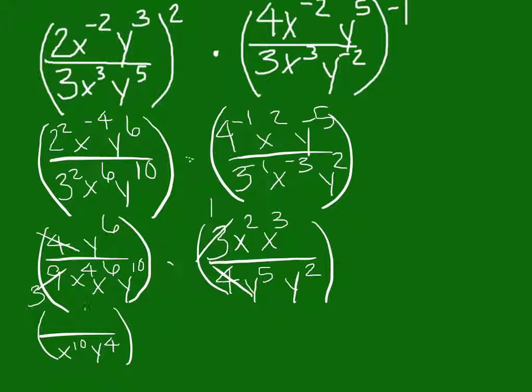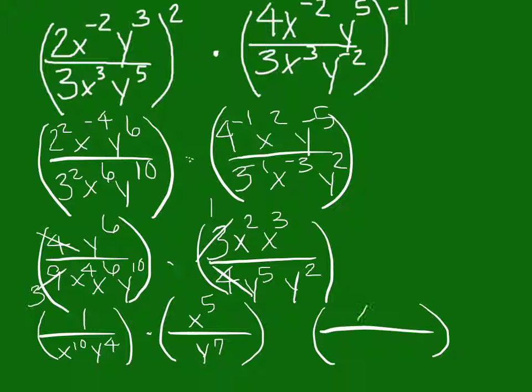So we have 1 over x to the 10th times y to the 4th times, now we simplify the second part, and that becomes x to the 5th over y to the 7th. So now we just multiply the top, and we get x to the 5th over x to the 10th.